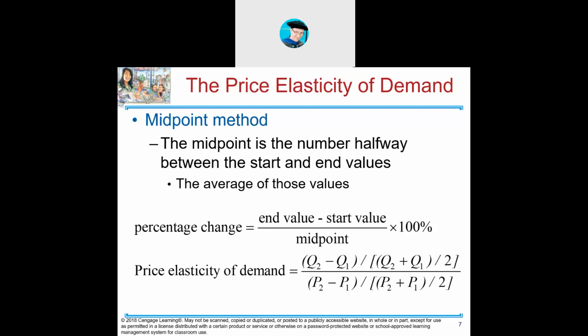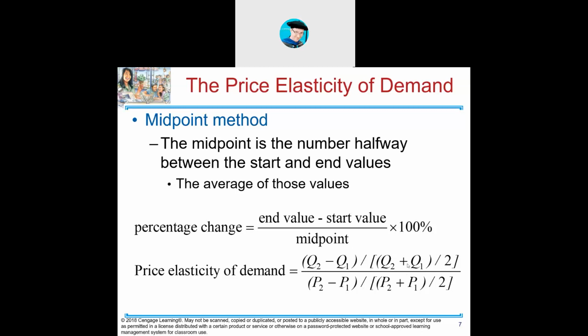You could also do the same thing for the quantity. So looking at the price elasticity of demand, and this second equation you see here, this is how we find the midpoint for quantity and price. Q2 minus Q1, do that first. Then divide by Q2 plus Q1 divided by 2.